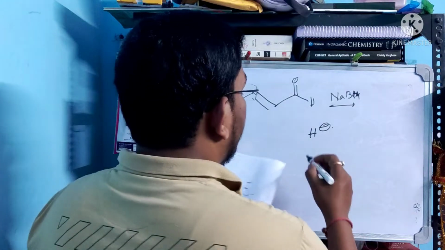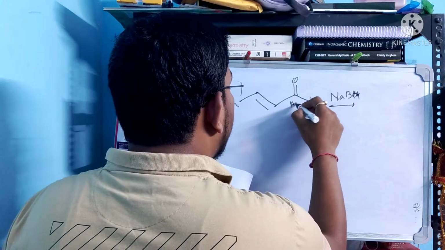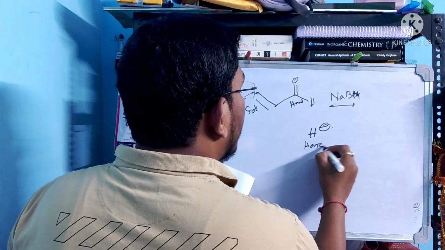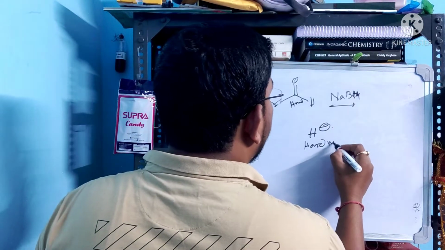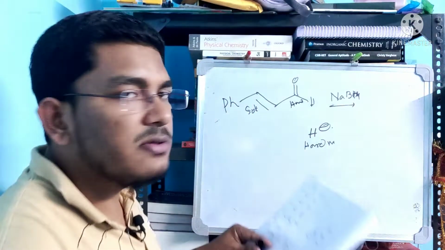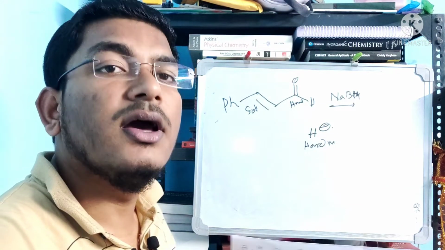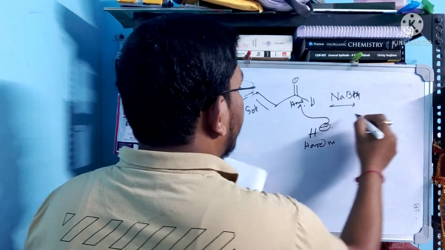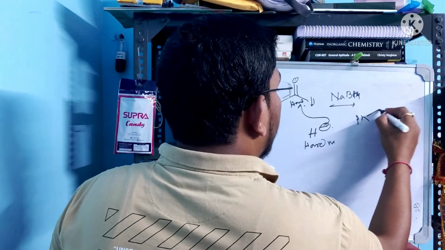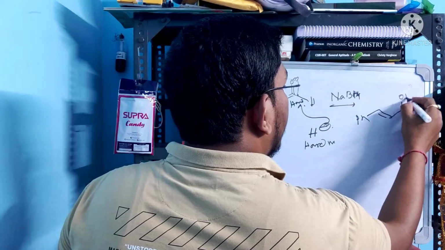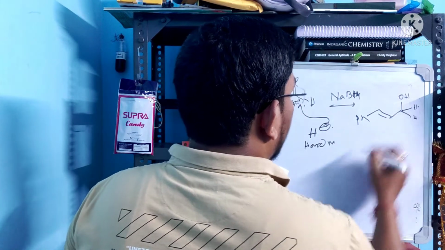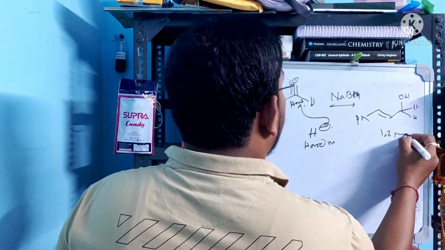That means it's a hard nucleophile. According to the HSAB principle, hard acid will prefer to bind with hard base. That means this nucleophile will attack here. Okay, 1,2 product.